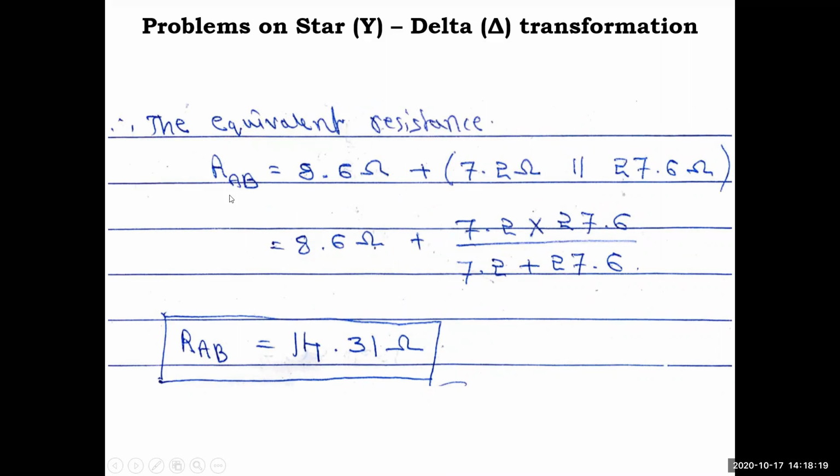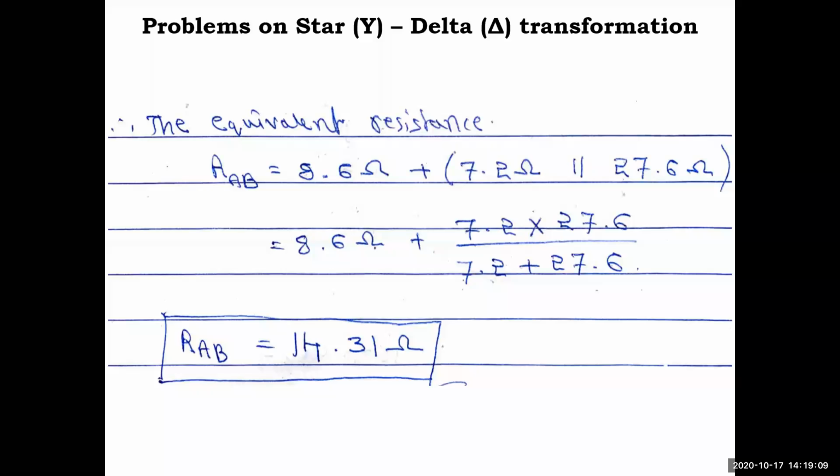The equivalent resistance Rab: straight away we can do that, 8.6 ohm plus these two in series, 7.2 parallel with 27.6. Two resistances in parallel can be done using a simple formula: R1 into R2 divided by R1 plus R2.